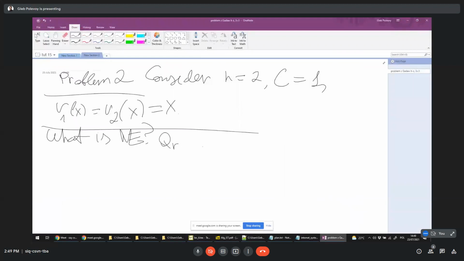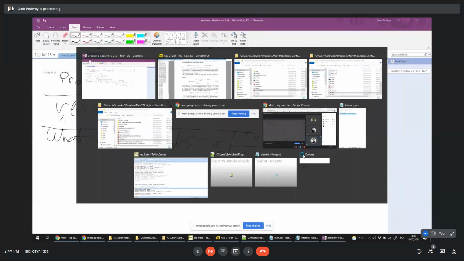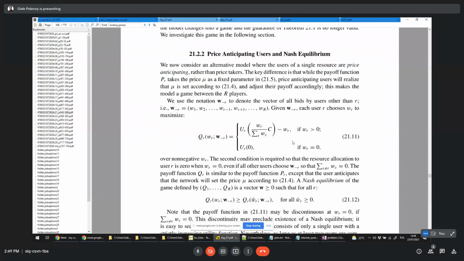QR of WR is equal to VR of what you obtain from the mechanism, which is WR divided by W1 plus W2. In this case, that's the whole sum, times C. I'm basically writing this expression.